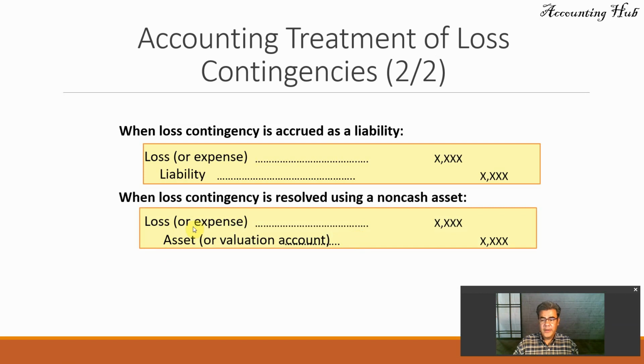So we will not pay it in cash; we will decrease another asset, so we no longer have a liability. For the first one, when we pay it, for instance, we are litigating against another company or the company is against us and we need to pay, we will pay the liability. Or for a warranty, we need to pay or fix it. We debit liability and credit cash or any other asset.